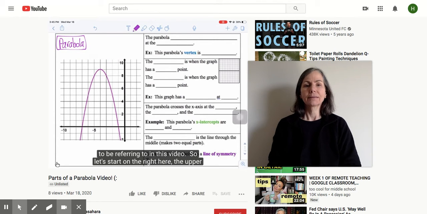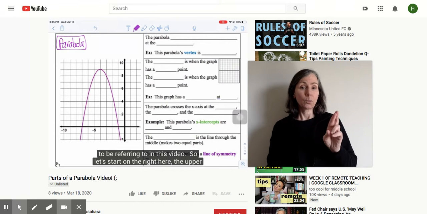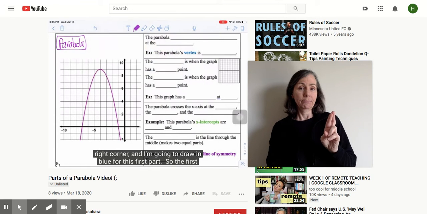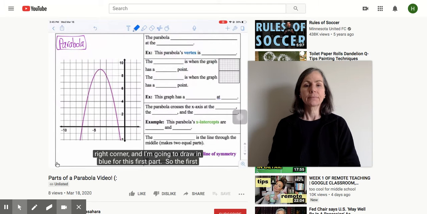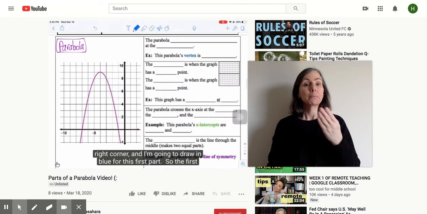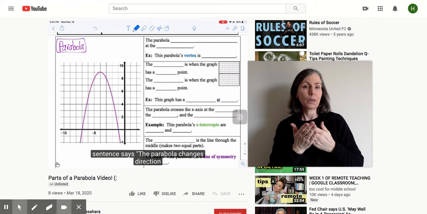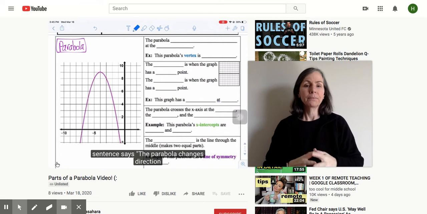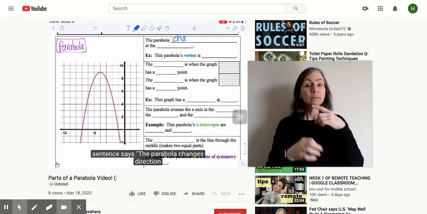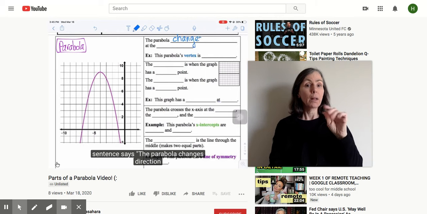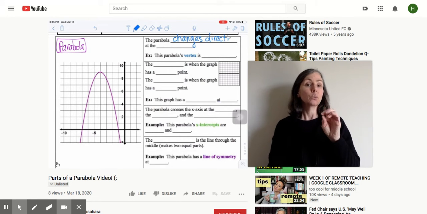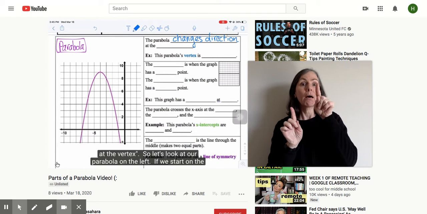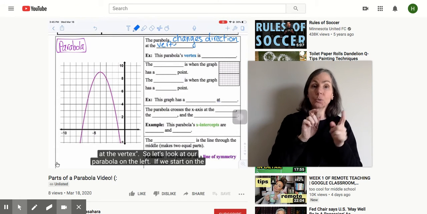So let's start on the right here, the upper right corner. And I'm going to draw in blue for this first part. So the first sentence says, the parabola changes direction at the vertex.